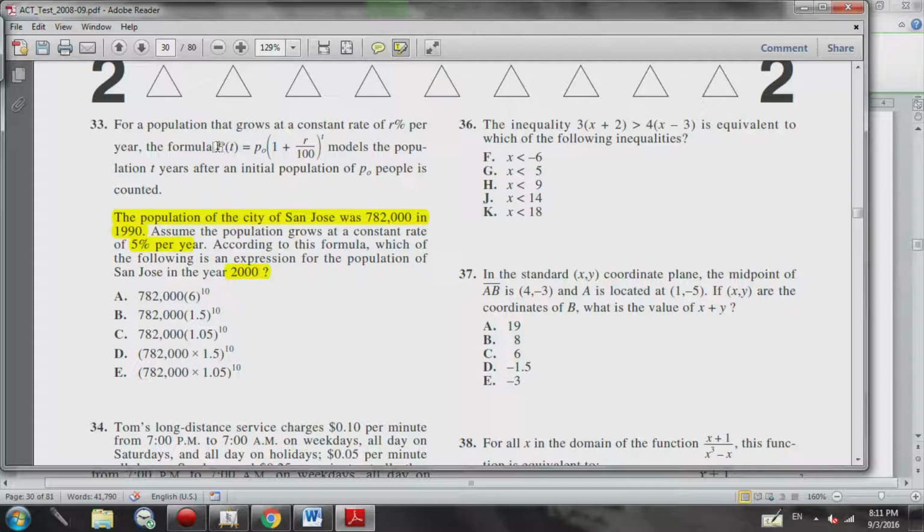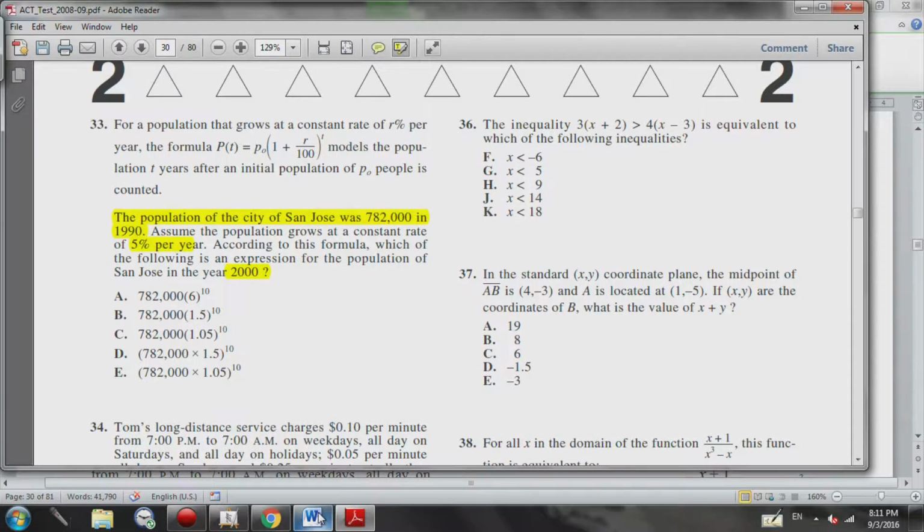What this formula does is tell you what the population of the city is going to be given a certain time. In this formula, P0 is the initial population of the city, which is here. The rate, r, is the rate of change of the population, which is 5% in this case. T is the time.